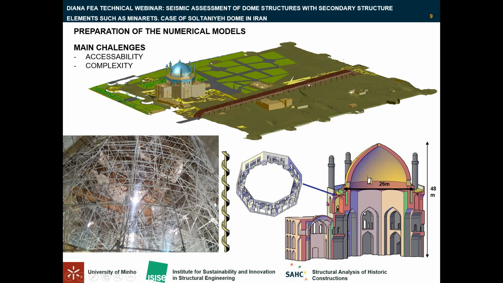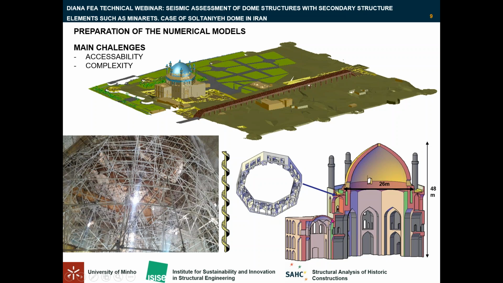And complex walls of the gallery, which you can see here, these walls belong to this part which is the gallery. Spiral stairs, dome, and the pendentives in the tomb are the most complex parts to be modeled.